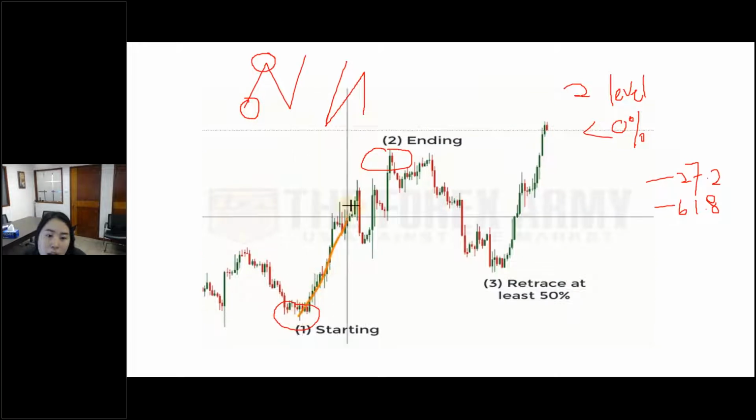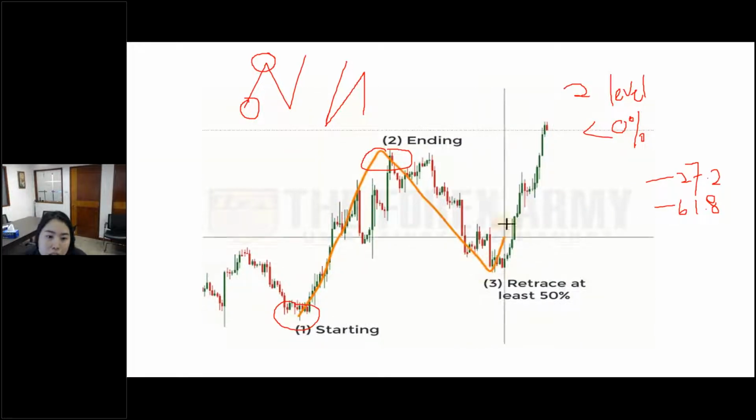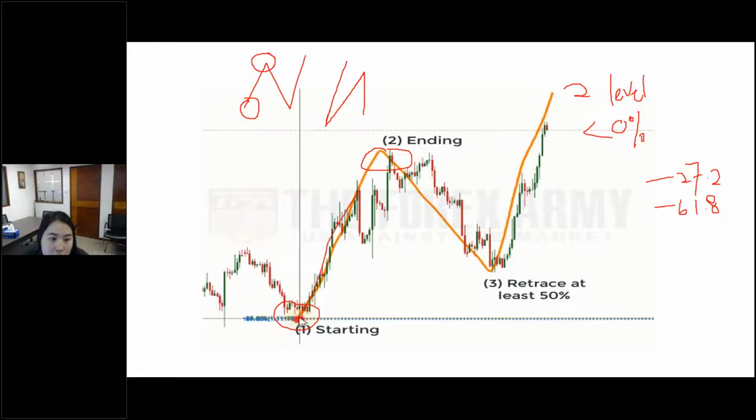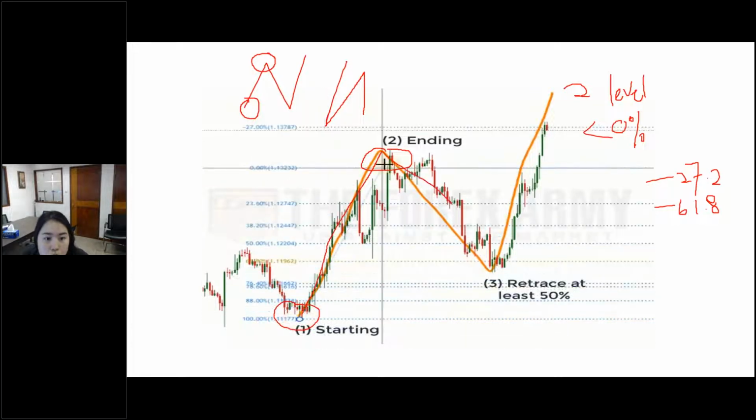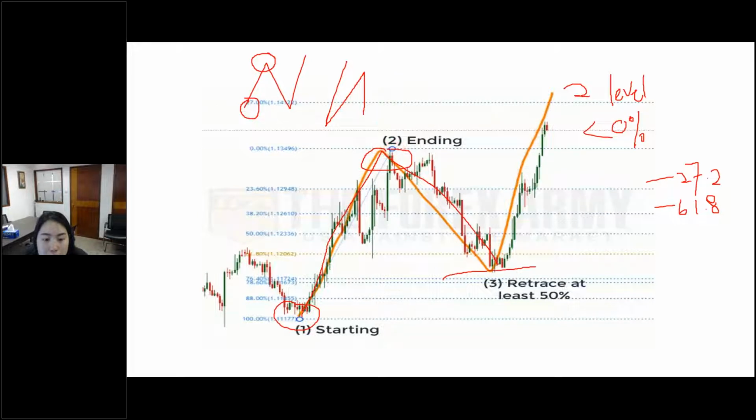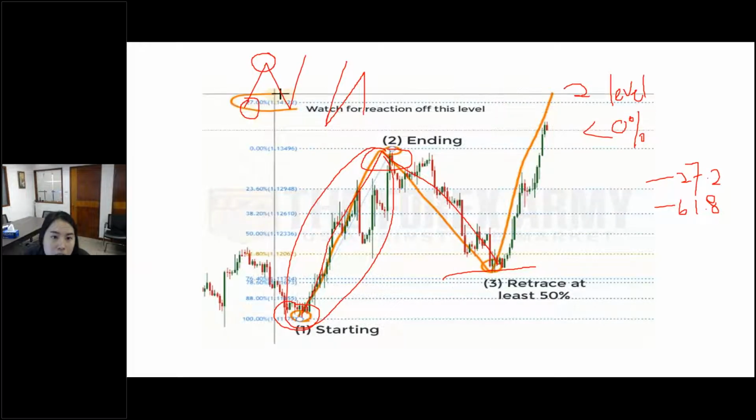Another catch about the Fibonacci expansion is that when it does a retracement, when it does the zigzag, it needs to retrace at least minimally 50% of the original length or the first movement. This is the first movement.